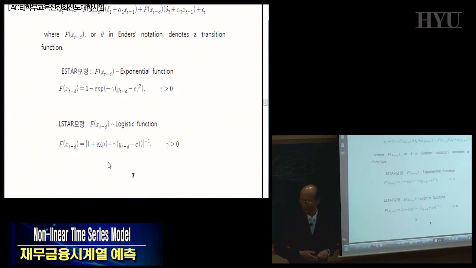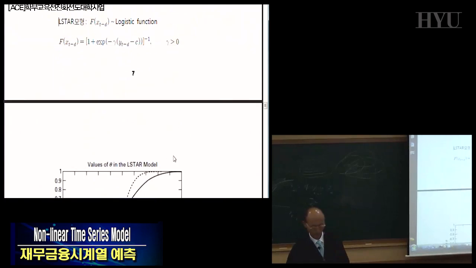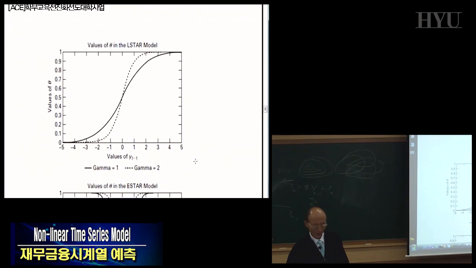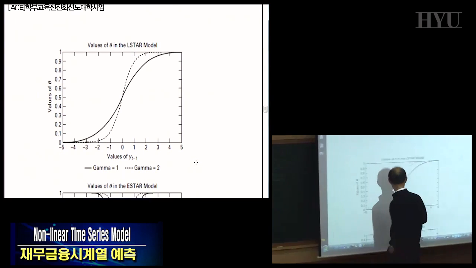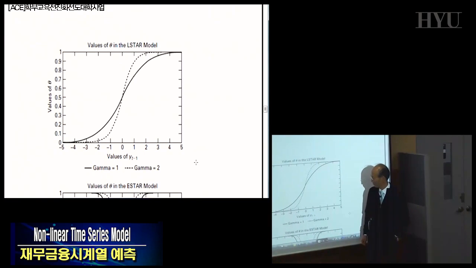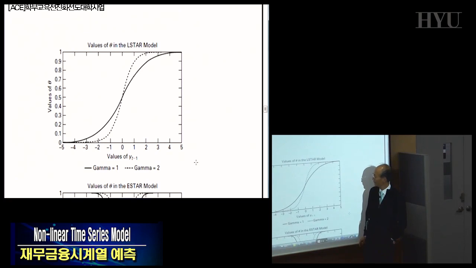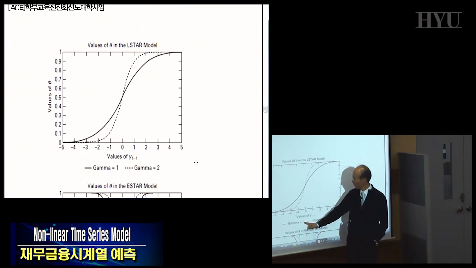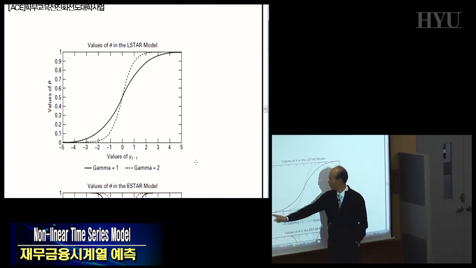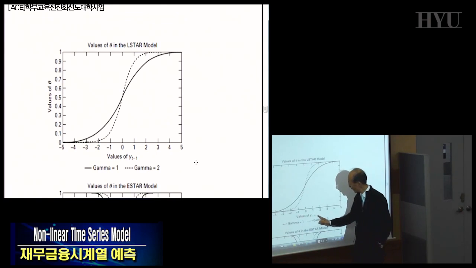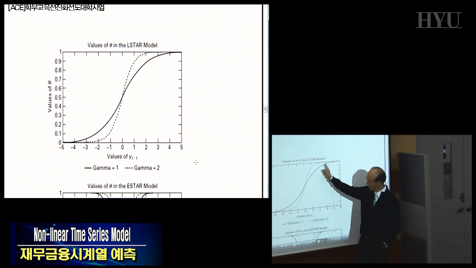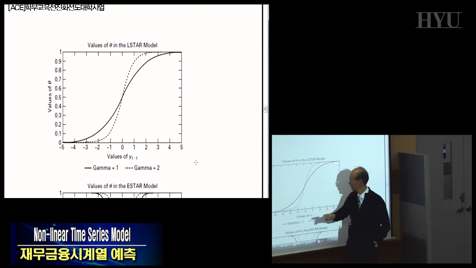Okay? So here is a logistic function for different gamma. For a particular value of gamma, this is the lagged value, y t minus 1 in this particular illustration by Enders.